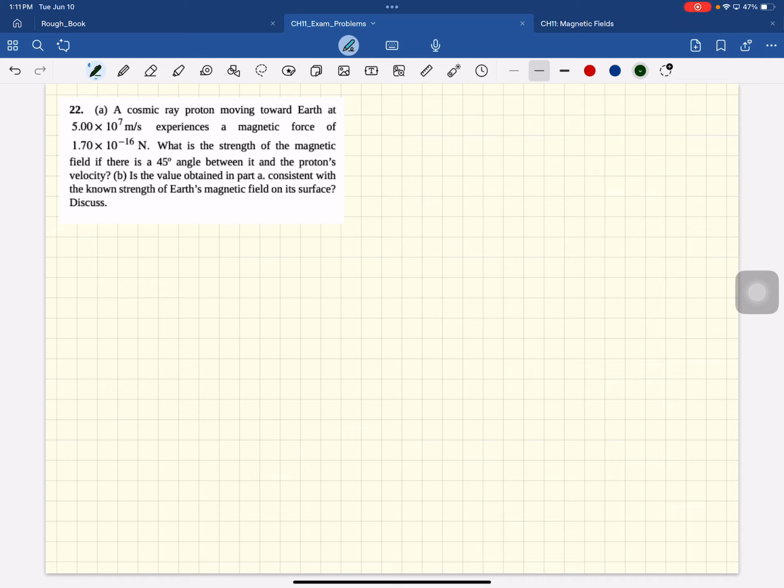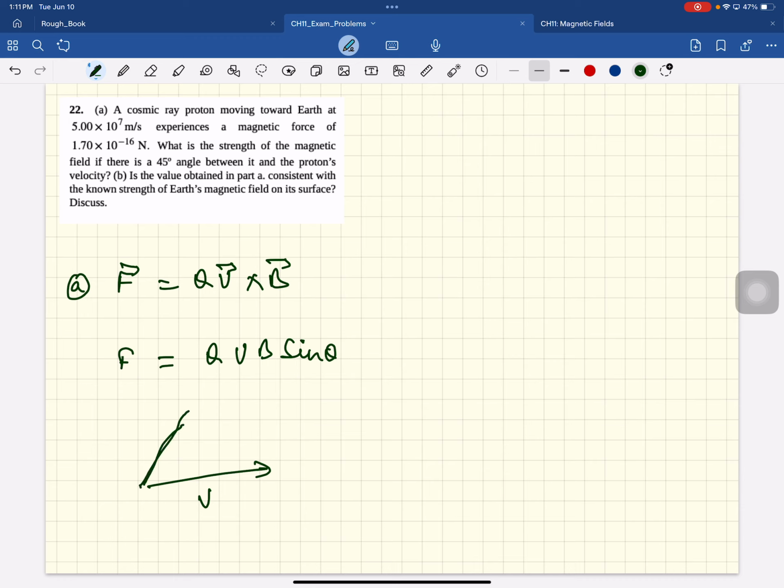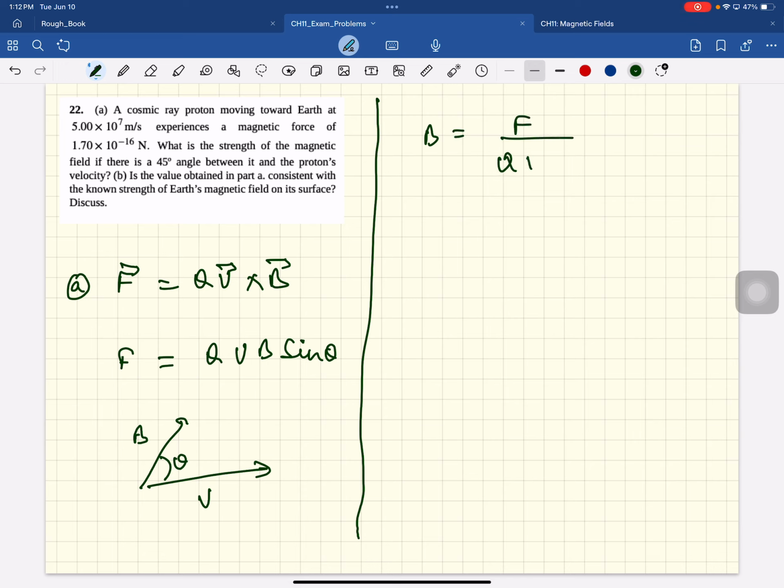Okay. So the force on a charged particle is QV cross B, and the magnitude of this force is QVB sine theta, where theta is the angle between V and B. So B is force over QV sine theta.